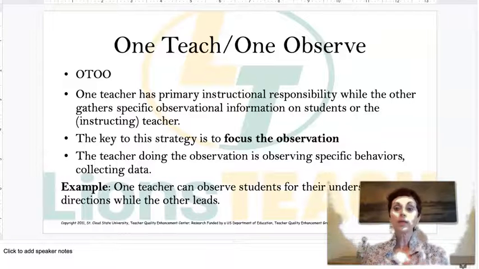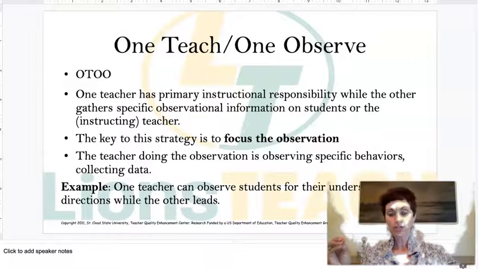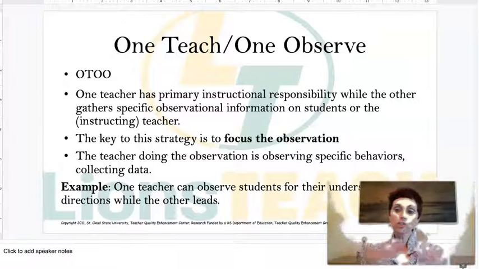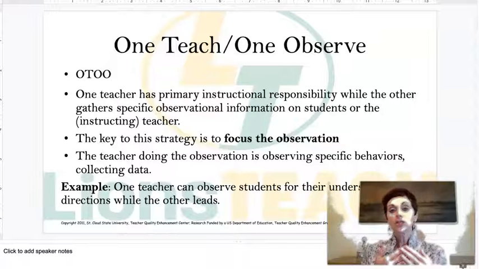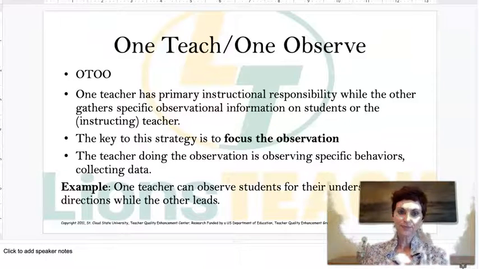It could be learning more of a behavior intervention, as I had mentioned, an on-task analysis or things like that. In the other direction, it could be that the resident teacher is the one teaching and the mentor teacher is doing the observation. And it could be that when we're done, the mentor teacher provides feedback to the resident teacher about what they observed during that lesson.